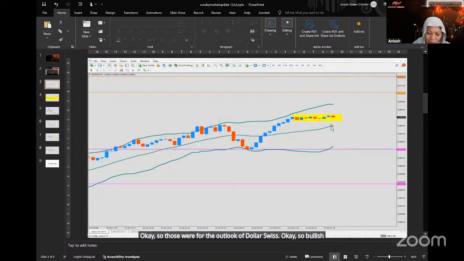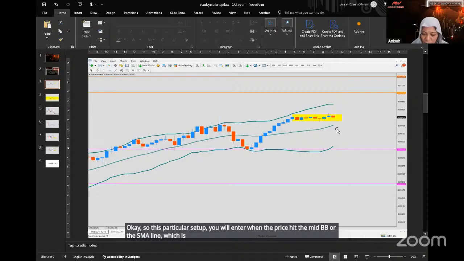So that is the first setup. The second setup is we expect the price to retrace to the mid BB first before continuing with the uptrend. In this setup, you will enter when the price hits the mid BB or the SMA line, which is 0.80800.